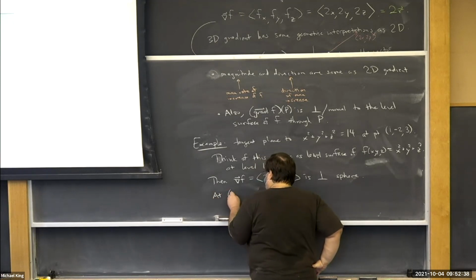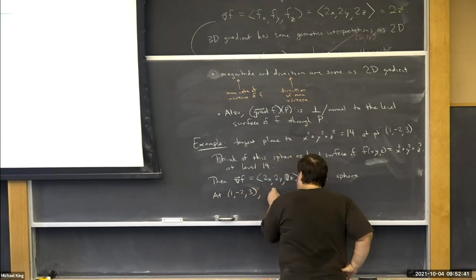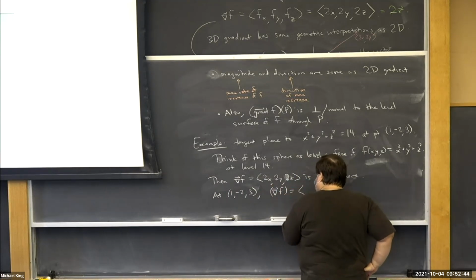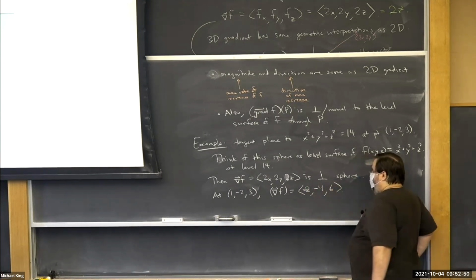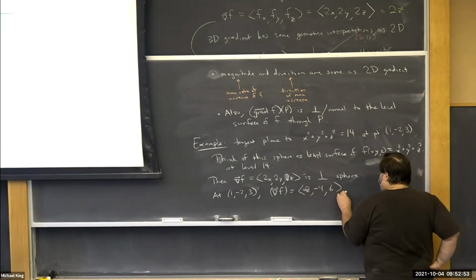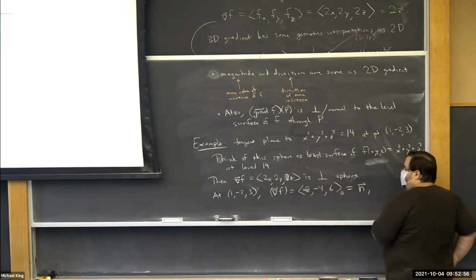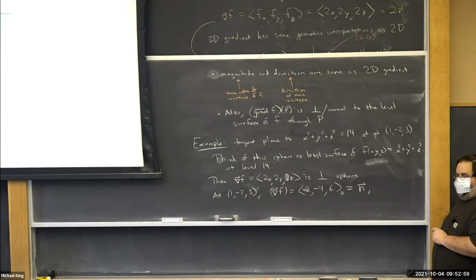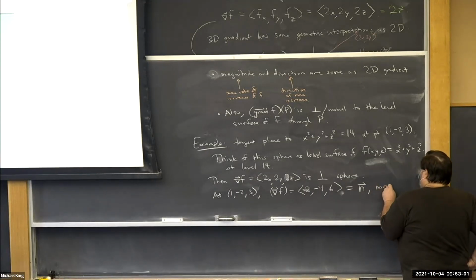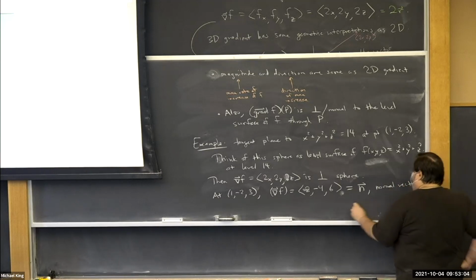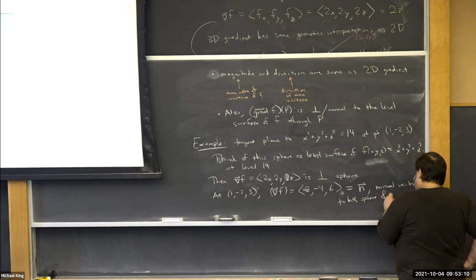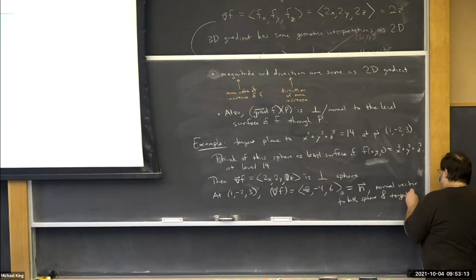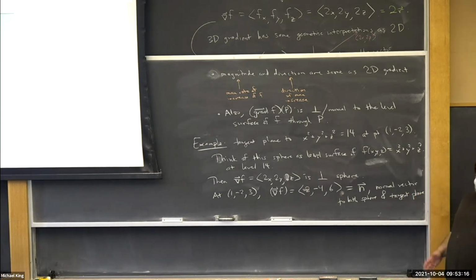So at (1, -2, 3), the gradient of f is 2, -4, 6, and I want to say that this is really n, the normal vector at this point. Normal vector to both the sphere and the tangent plane. The sphere is like this, the tangent plane is sort of similar.